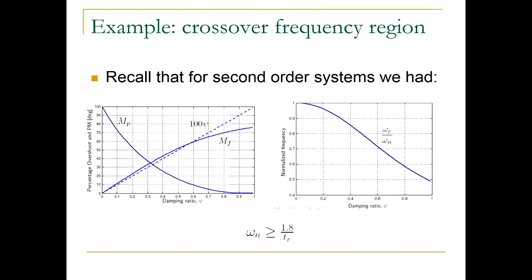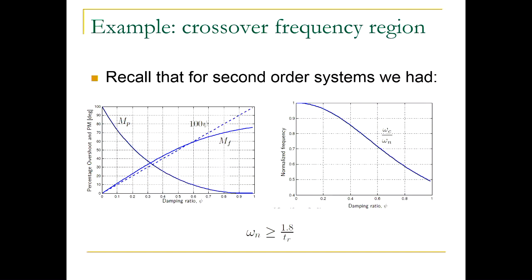So if I told you what rise time I want, then I can obtain what natural frequency constraint you need to satisfy. And if I already fixed the damping ratio, then I can read out: damping ratio should be this, then omega c over omega n is this, so I can calculate what the crossover frequency is from the requirements on overshoot and rise time. Does everyone follow that?